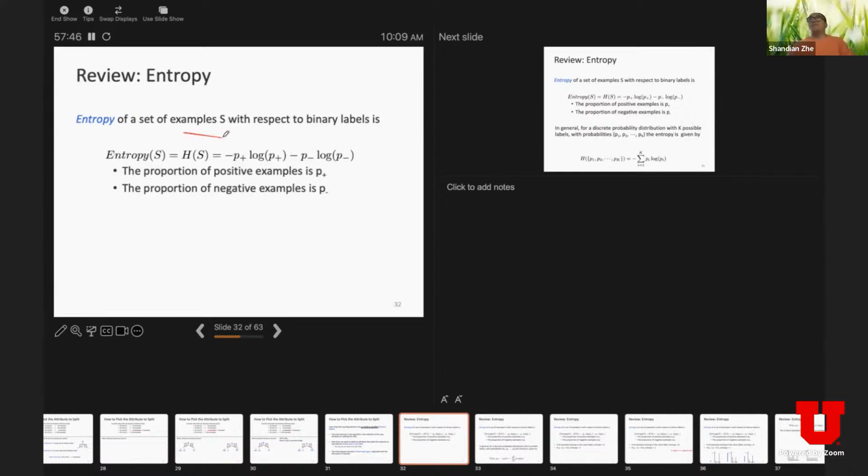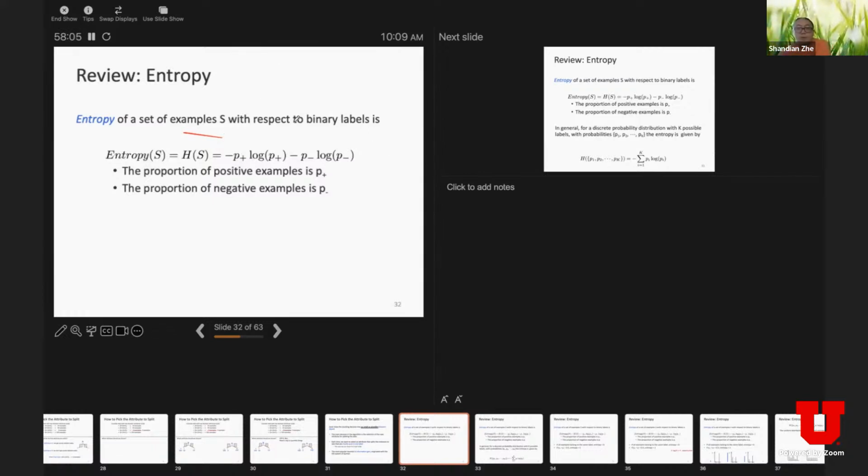Because you don't know exactly the relationship between your input and output, you can view those labels as random. The entropy represents how uncertain I feel about the labels for this set of examples. How do we compute the entropy?